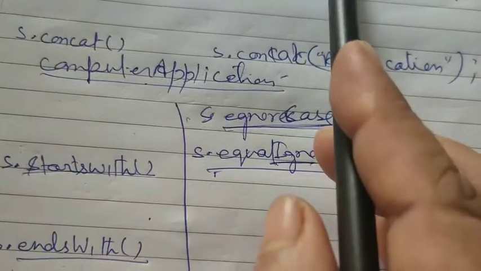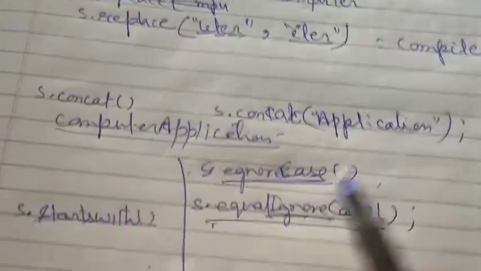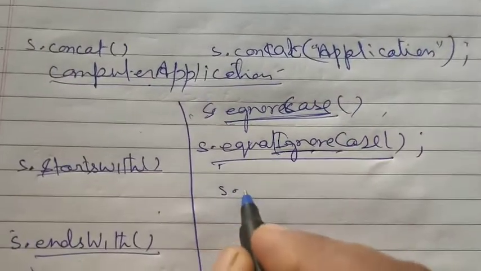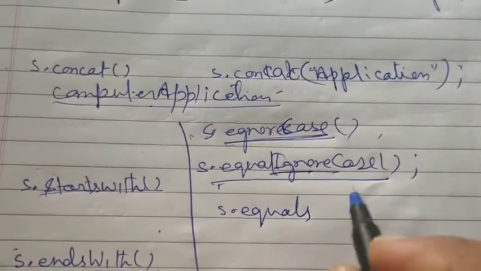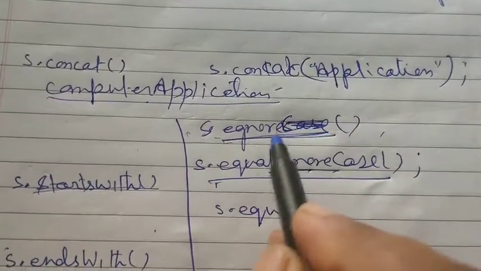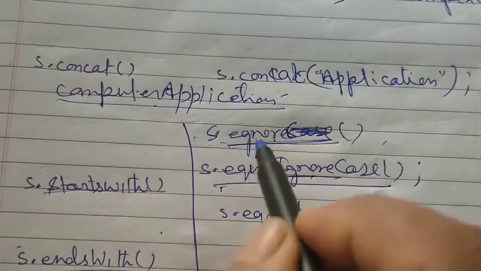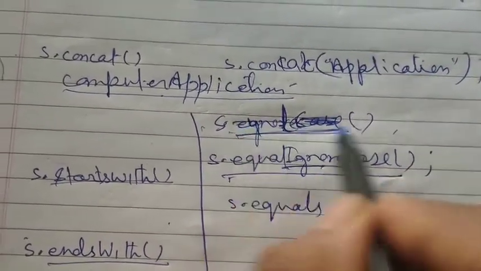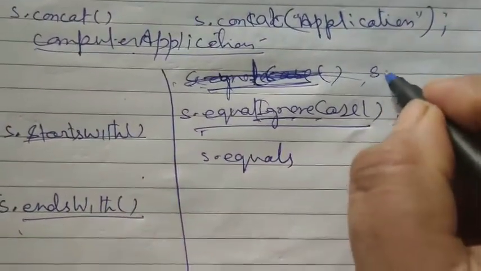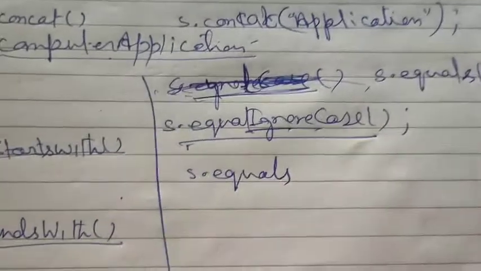Assume that my first s is equal to computer, as written here, and I am going to check s dot equals. Sorry, I have written wrong.